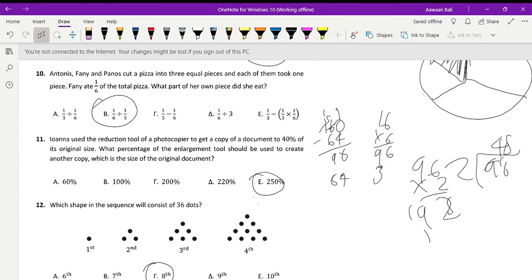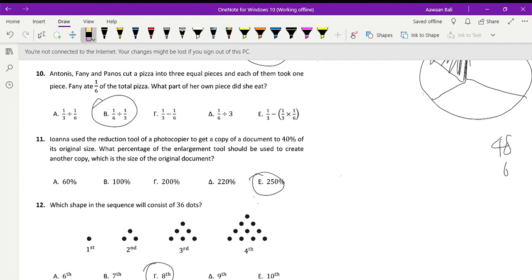But maybe, just maybe, oh wait, so it says it's 40% of its original size.